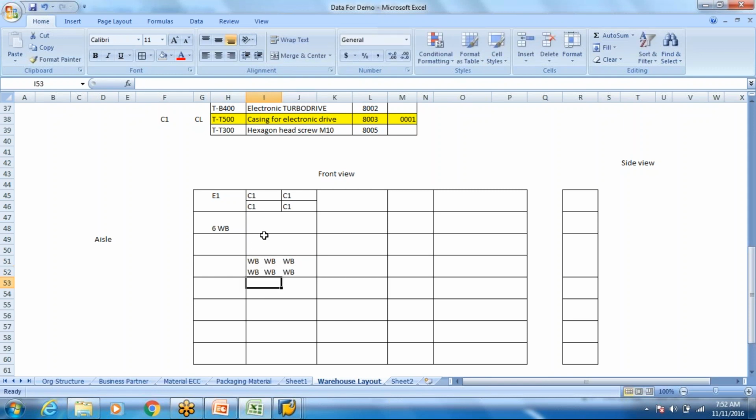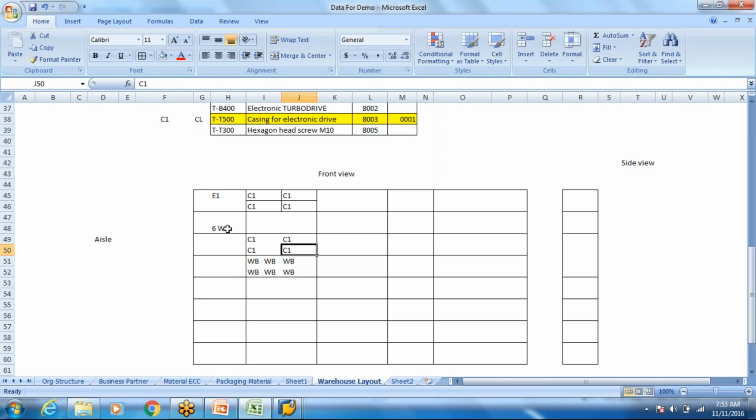Similarly, when a pallet comes, so one rule, C1, I'm only showing 4. So the rule here is in one bin you can store one kind of pallet only. So it will not be a combination like in this bin you can store C1 also, WB also. When the pallets are coming, based on the pallet types, we are going to store just one kind of pallet.